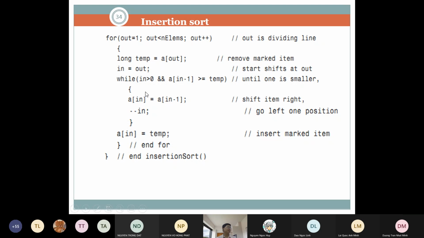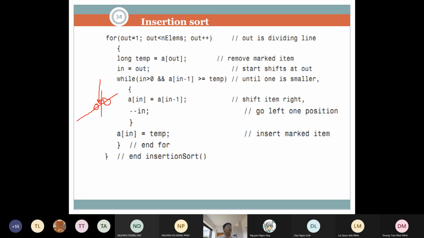And then finally, if we finish this loop, it means that we found something that is smaller than my number. In an increasing array like this, if I have something that is smaller than my number, then I know that the one after it is bigger than my number, so I know that I will insert here. That is the right position for my number.